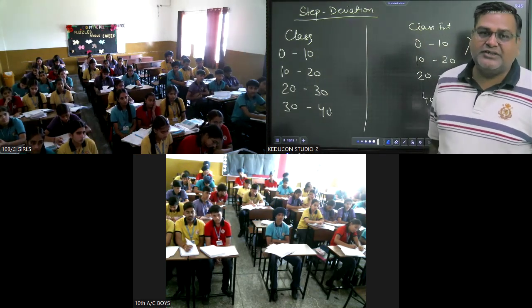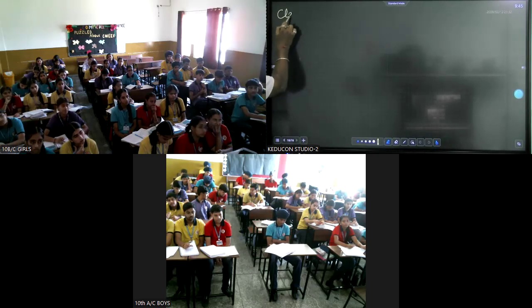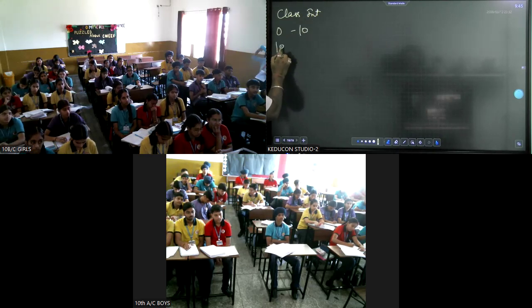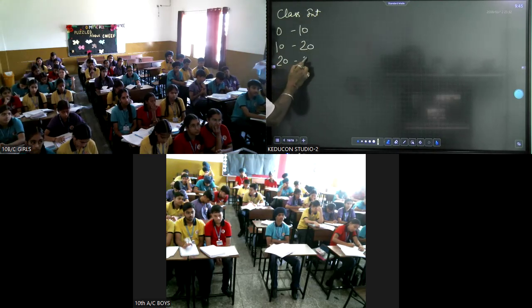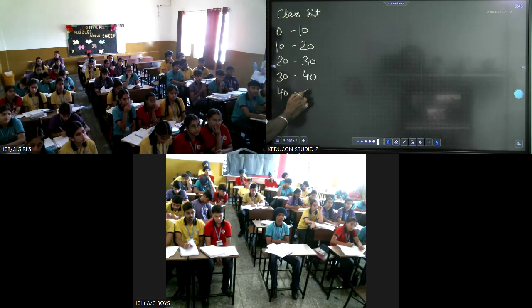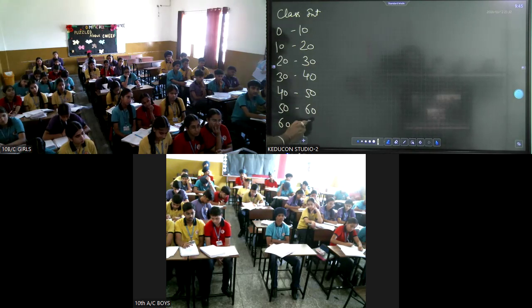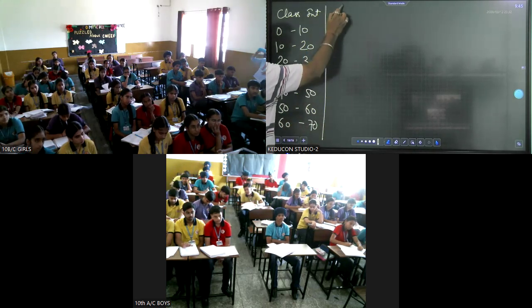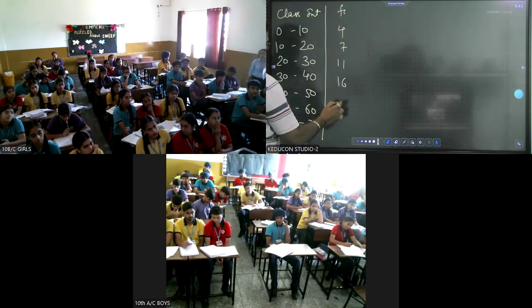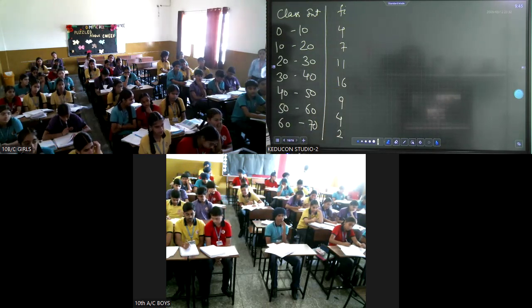Second thing is, see how to do this. Let we have the class interval 0 to 10, 10 to 20, 20 to 30, 30 to 40. Then we have the frequency.